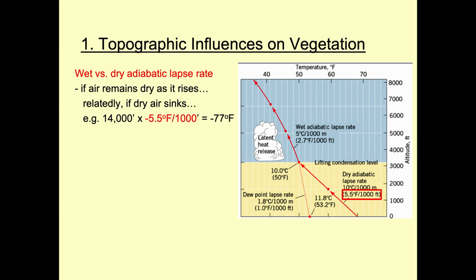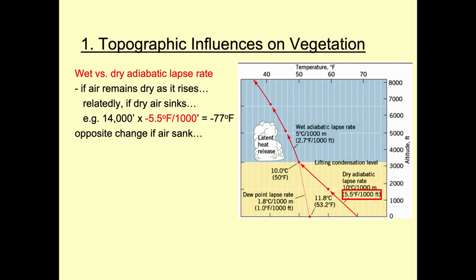So if we apply this to a real life example, the Sierra Nevada mountains are 14,000 feet from the Pacific Ocean in California, and the parcel of air moving, if it were to stay dry up this 14,000 feet elevation, would decrease by a total of 77 degrees Fahrenheit.